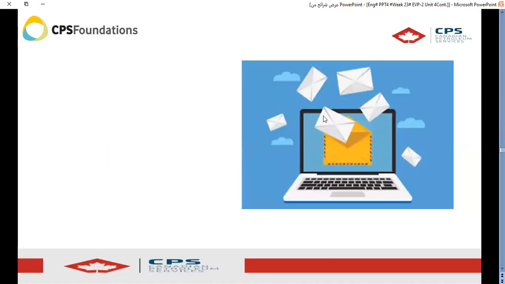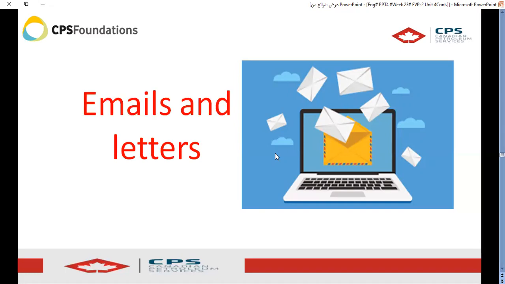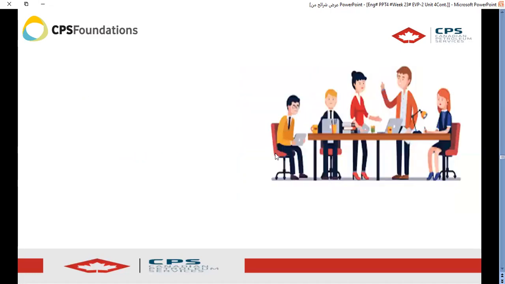Can you see here in this picture? Okay, emails, yes, letters. So you can send letters or emails to people who are in your team, telling them to take care of their safety. And also here, what's this? What can you see here? You can see some people, yes. What are they doing?